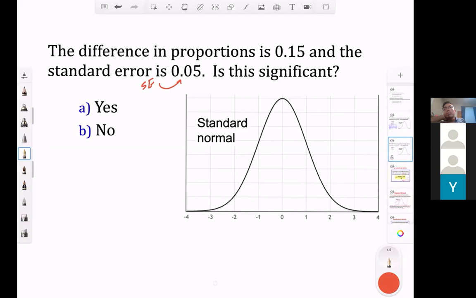We have a statistic, we have 0.15. And how do we know it is significant? We need to find the p-value, correct? How do we find the p-value? We need to find the z-score. So the formula for the z-score was the statistic, which is 0.15 minus 0, divided by 0.05.